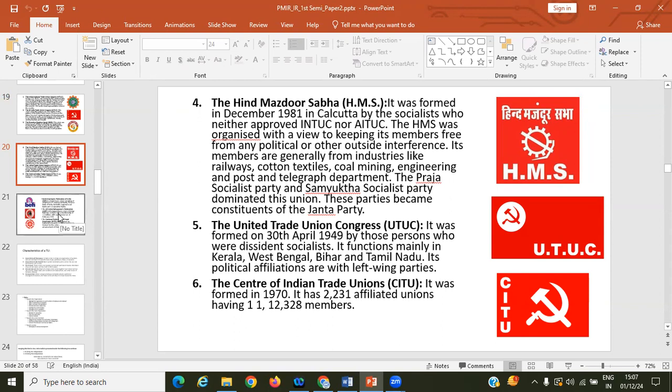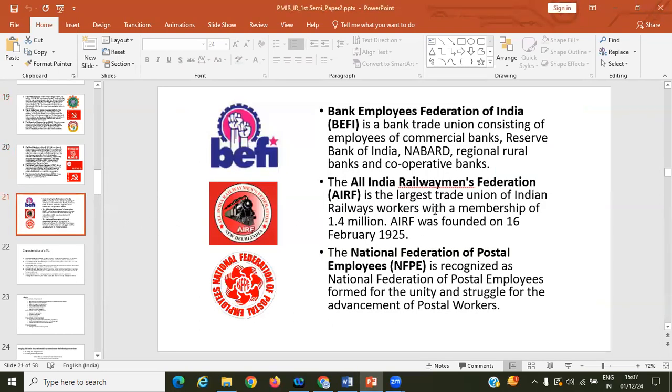There are a couple of other trade unions which are specific to an industry, like the bank industry, railway industry, and postal industry. There are trade unions which are specific to skills, specific to the manufacturing nature. Suppose there are unions only for carpenters.